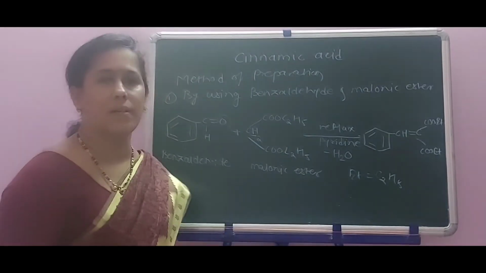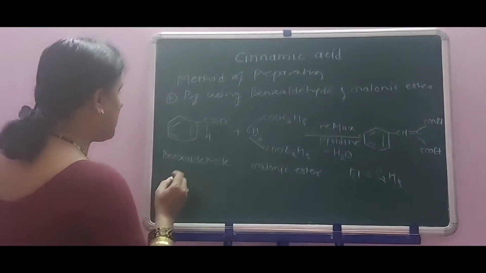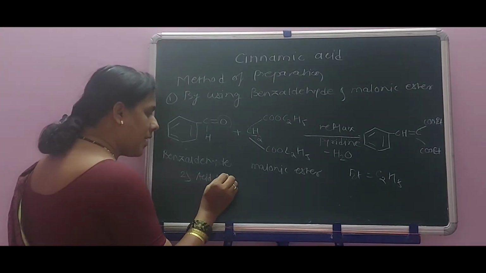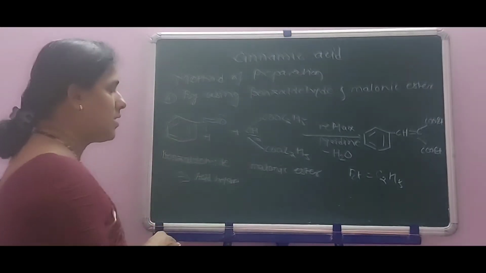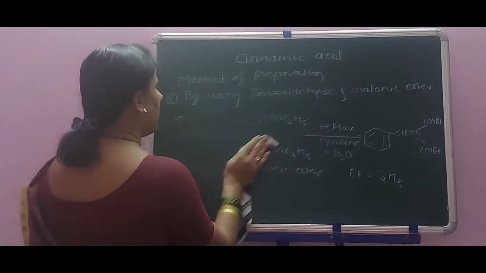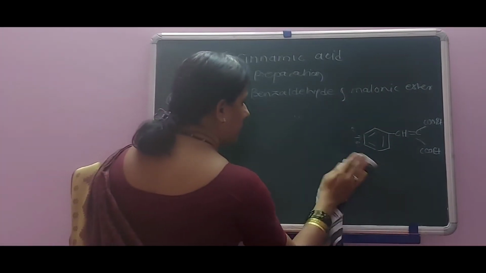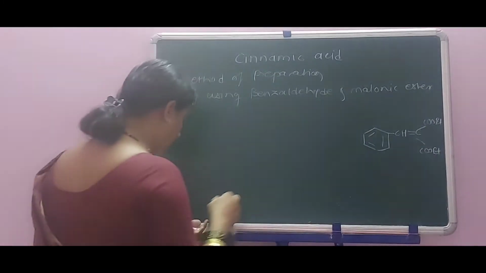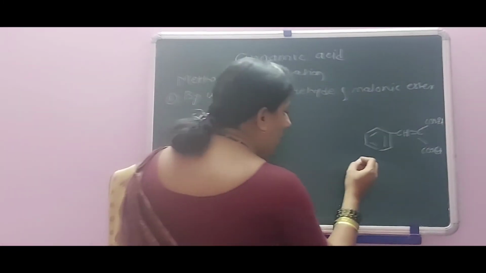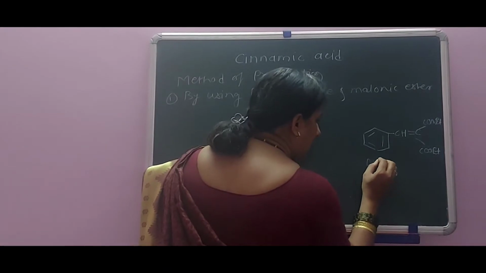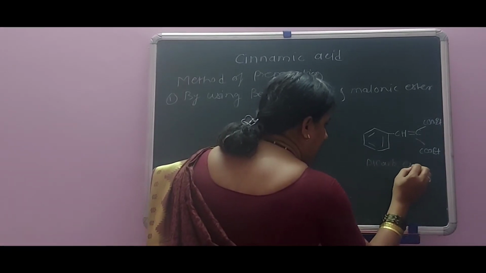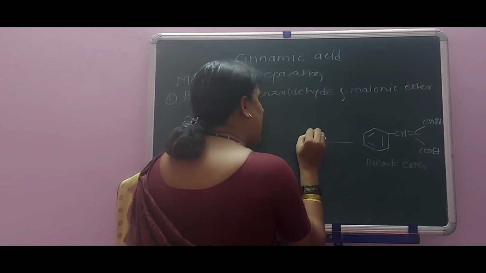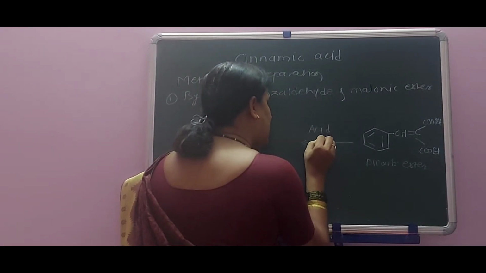Now what is the second step? The second step is acid hydrolysis. Whatever compound is given to us, the dicarboxylic ester, again undergoes acid hydrolysis.